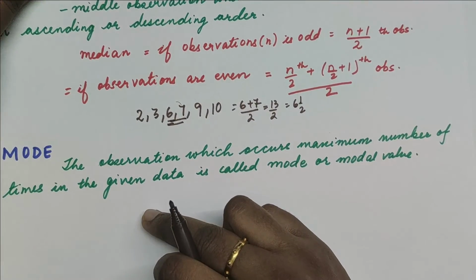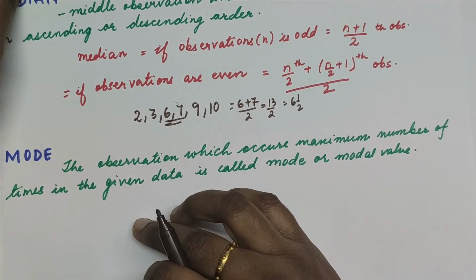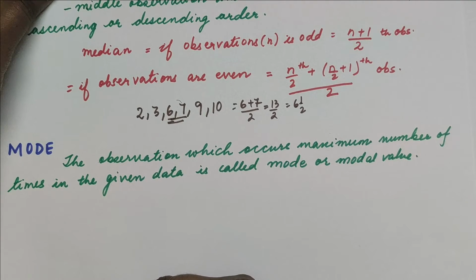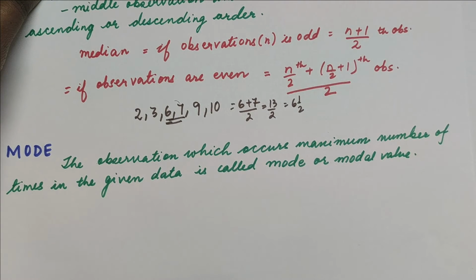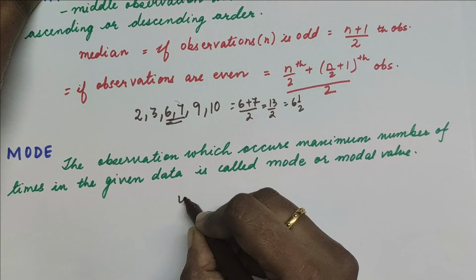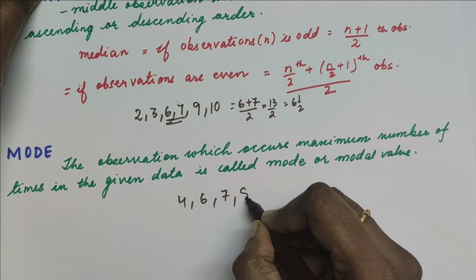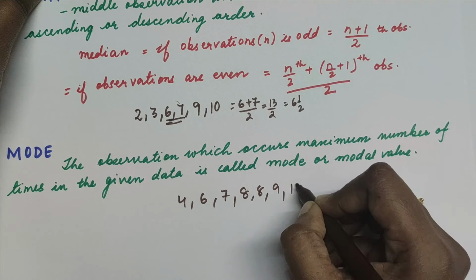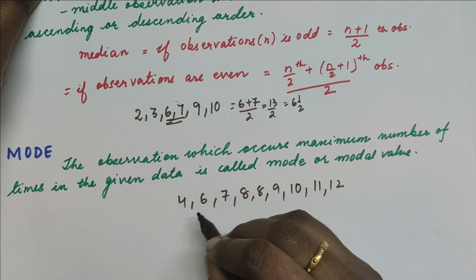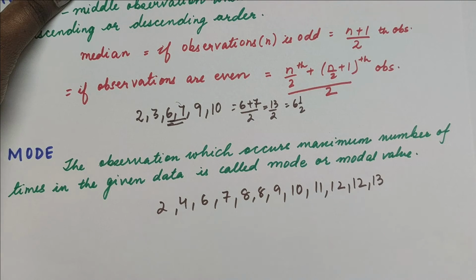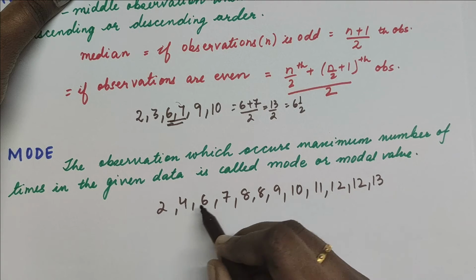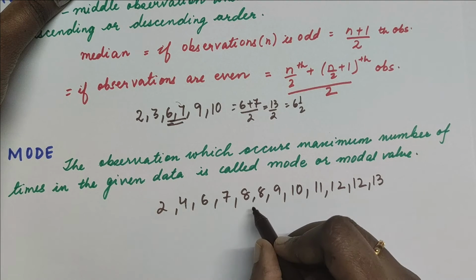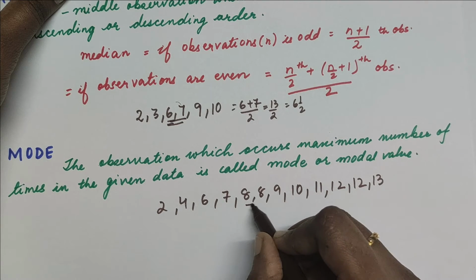And another representative value is the mode. Now mode is how many times an observation has occurred. The maximum number of times is the mode. So suppose I have some numbers. Again, it's always better to arrange the data. Suppose I have around, so here I am having 12 numbers. So if you can see, it's already arranged. So which number is occurring the maximum number of times?